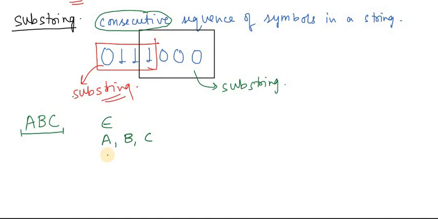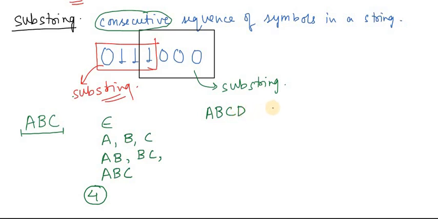Then substrings of length 2, that will be AB and BC, only 2. Then a substring of length 3, ABC, only 1 substring. So how many substrings are there? 4 in total.